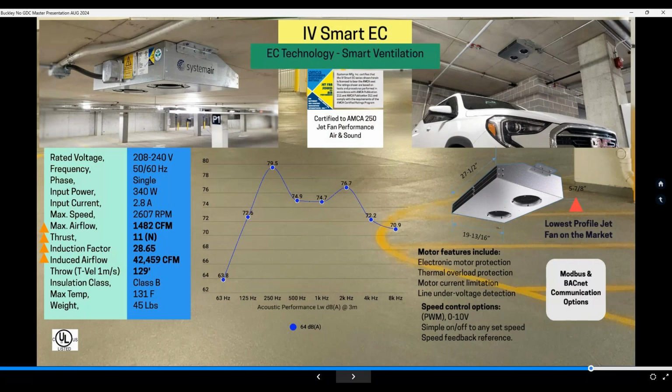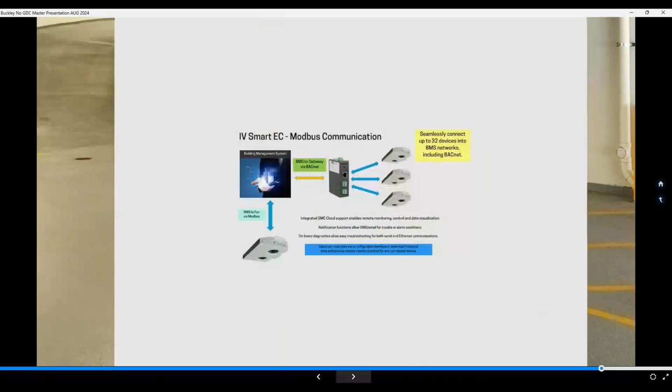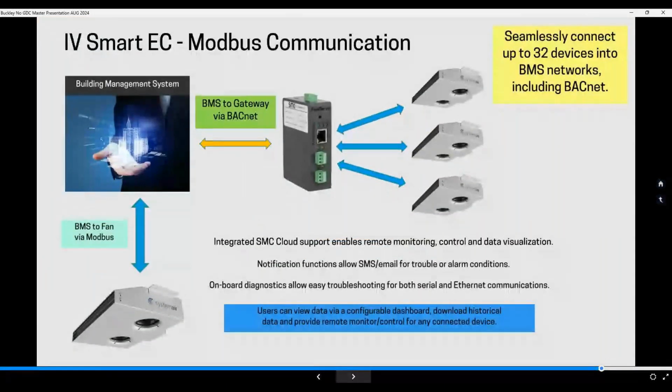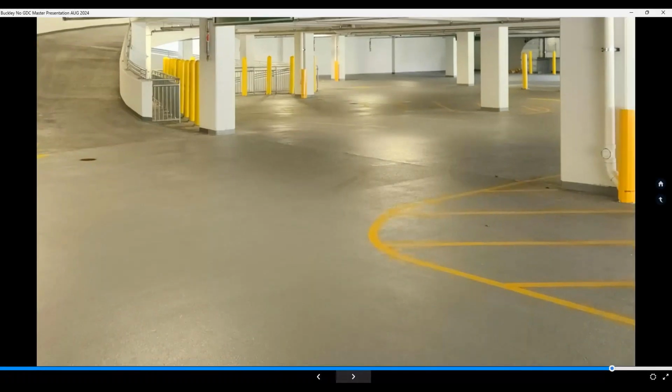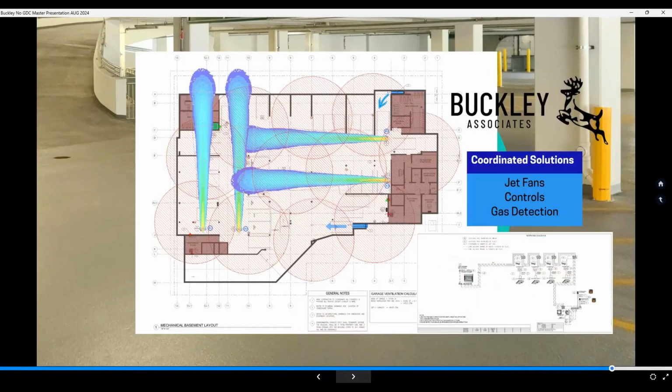So that 1,482 CFM puts into motion an equivalent of 42,459 CFM and throws to a terminal velocity of 129 feet per minute. It's also available with an option to include Modbus communication to be an integrated part of your building management system.